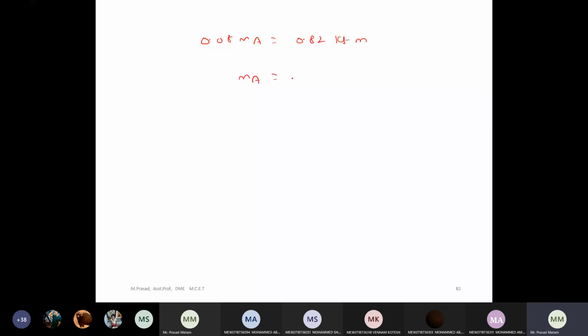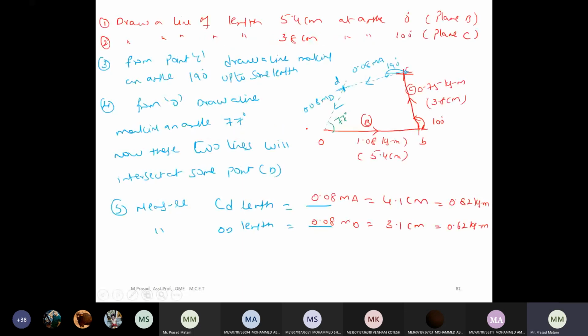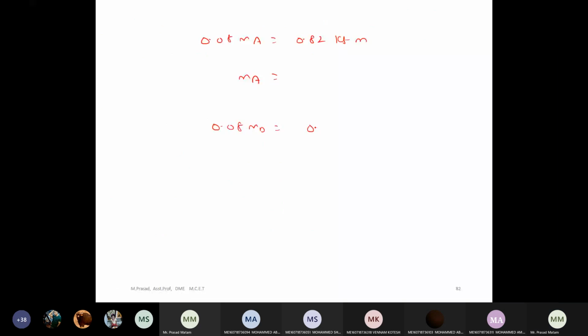Dear students, similarly 0.08 MD is equal to 0.62 kg meter. From this get MD value.